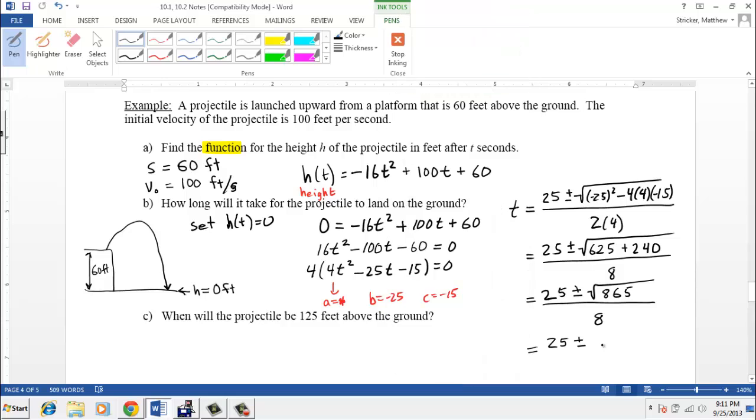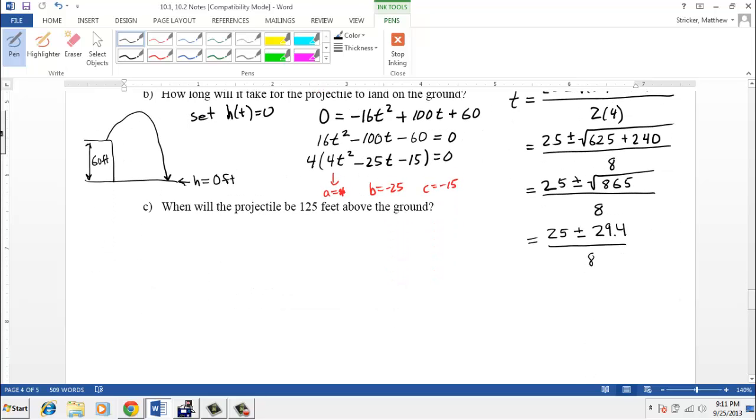So this is about 29.4 divided by 8. Now you can see, again, remember this is two answers. It's 25 plus 29.4 divided by 8, and it's 25 minus 29.4 divided by 8.